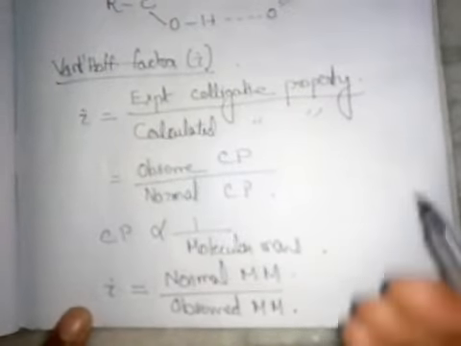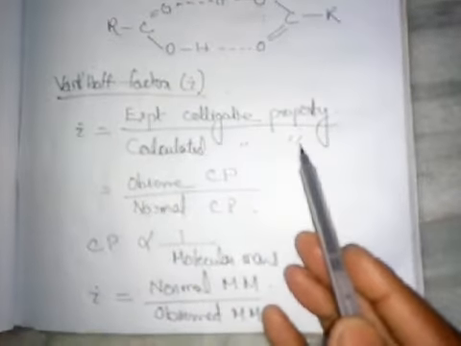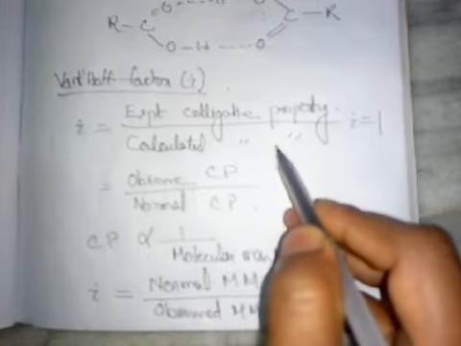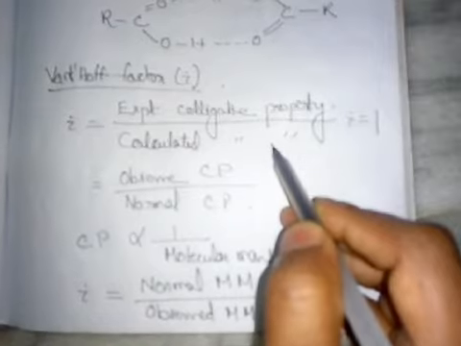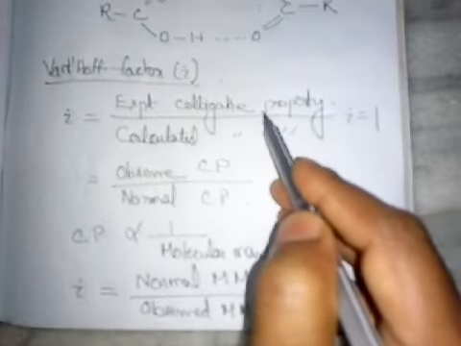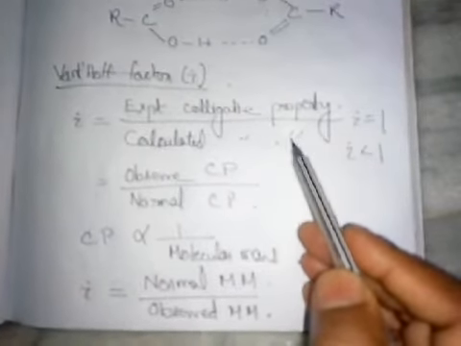Now, whenever denominator is equal to numerator, i value is equal to 1. Whenever denominator is greater than the numerator, i value is less than 1. And whenever denominator is less than the numerator, i value is greater than 1.